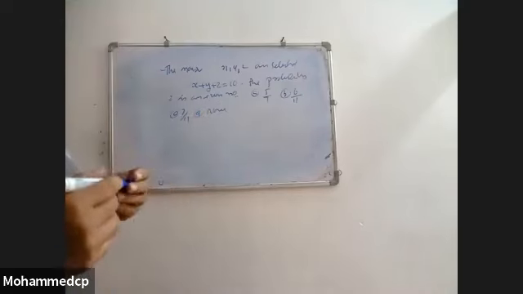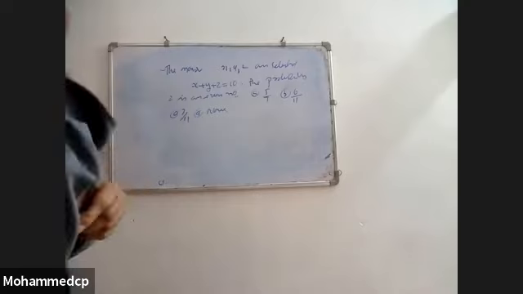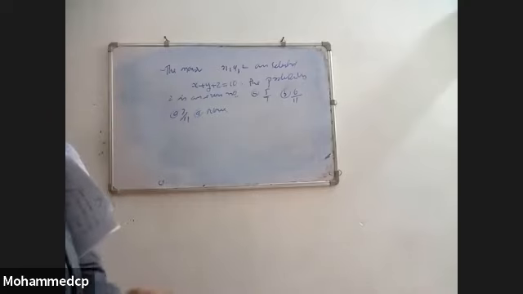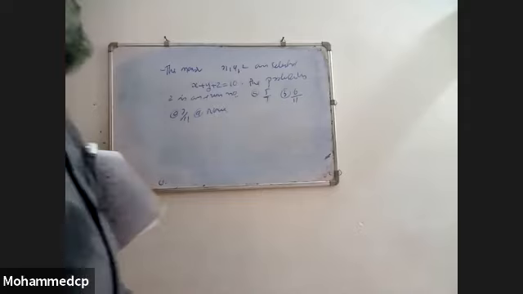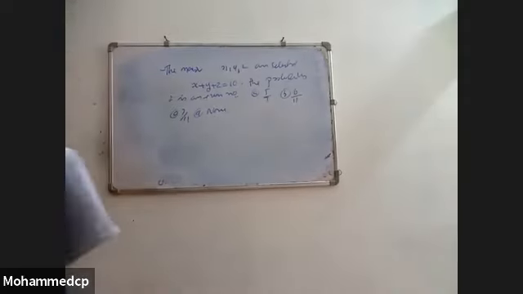Three non-zero integers x, y, z are selected such that x plus y plus z equal to 10, then the probability that z is an even number is.